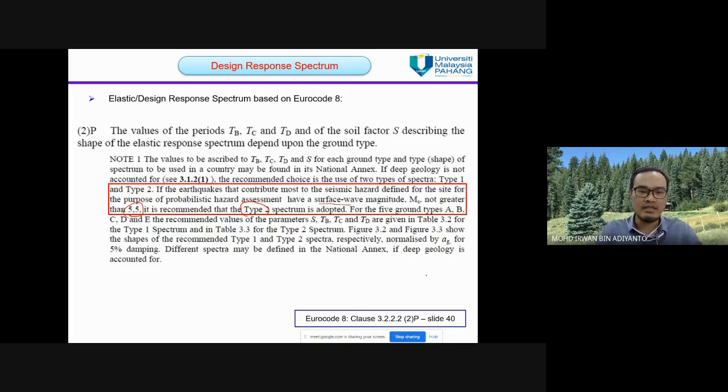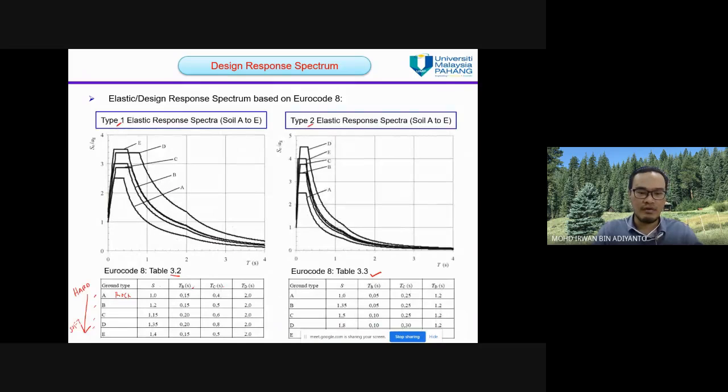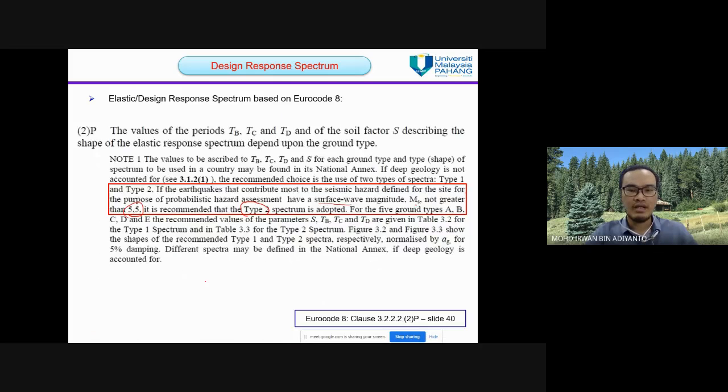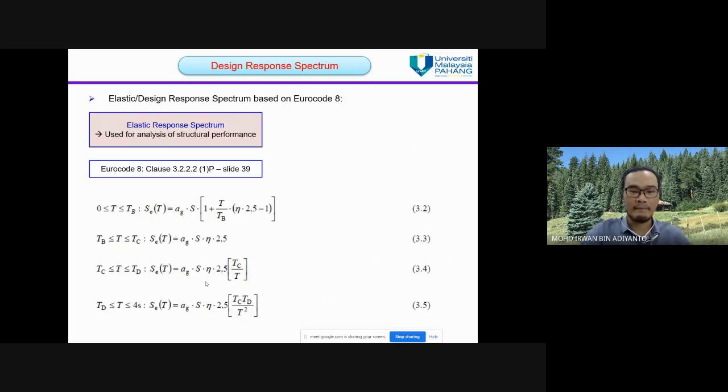But if we consider type 1, where the surface wave magnitude is greater than 5.5, we must refer to table 3.2 for the values of TB, TC, and TD. Okay, any question up to this level?